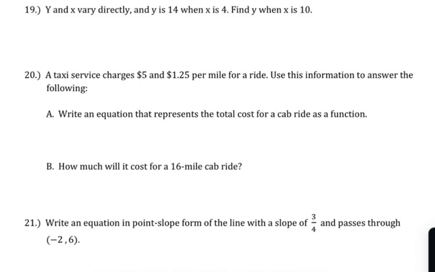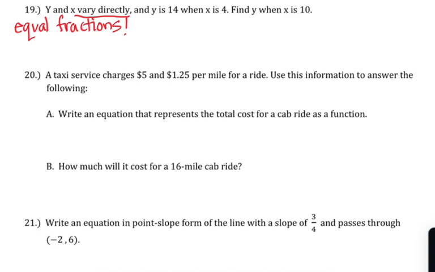Number 19 says y and x vary directly. What does that mean? It means that they are equivalent fractions, right? So there's no y-intercept when we're using this to graph. All we have to do is find the slope. But in this case, it's saying we have this point on the graph when x is 4, y is 14.